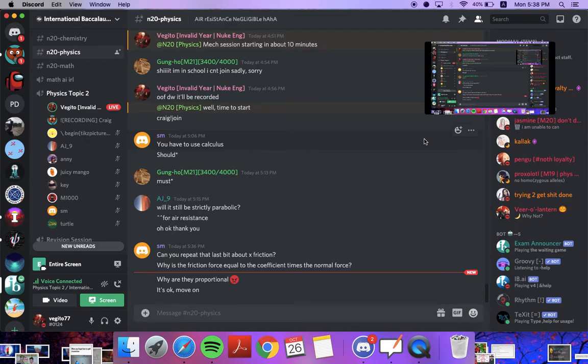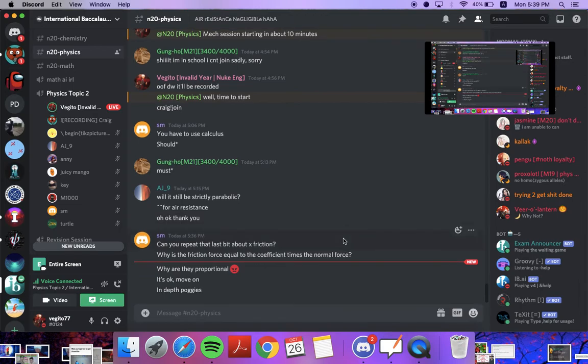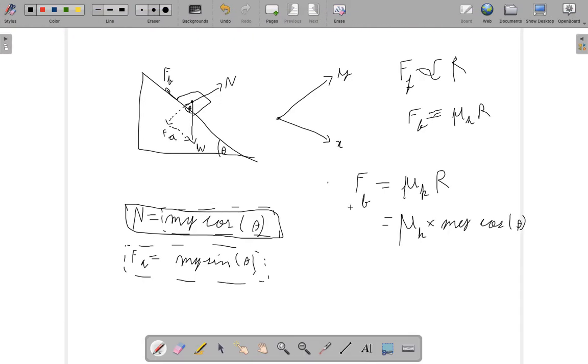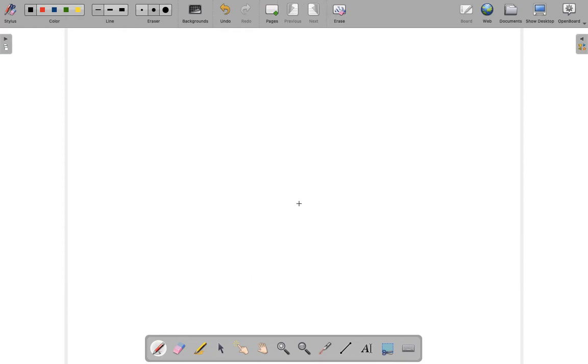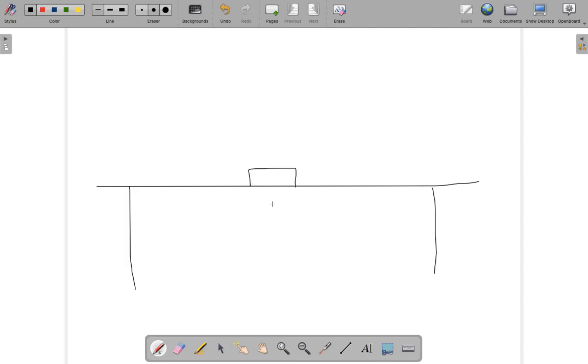Well, if you want, I can go in depth into why they're proportional to each other, if you really want me to. All right, let's do this. Let's look at a simple example. Let's say we have a block over here.